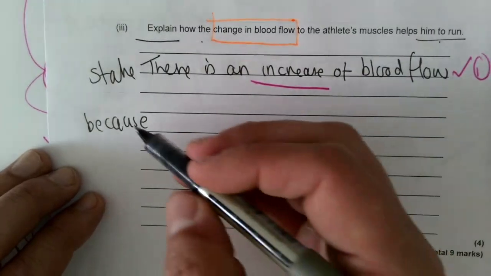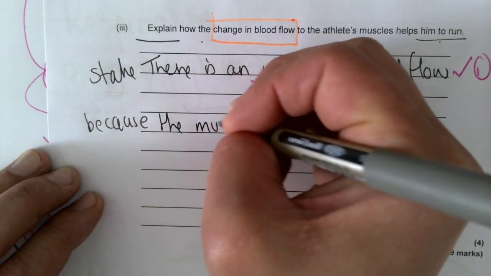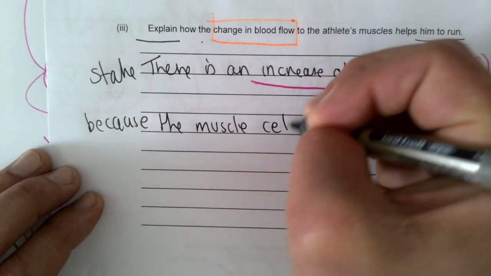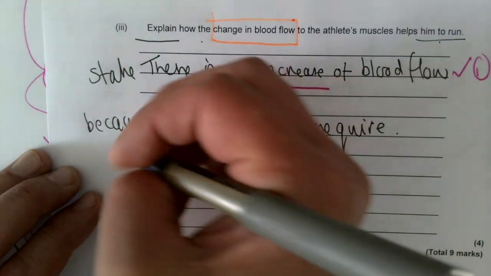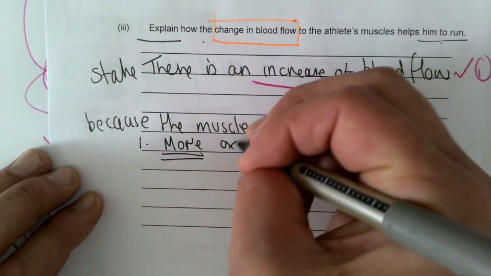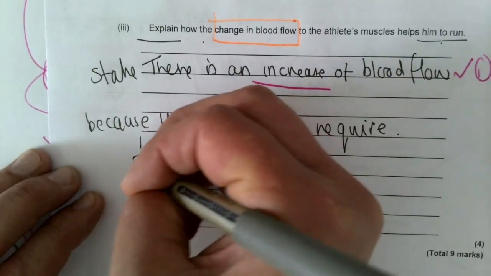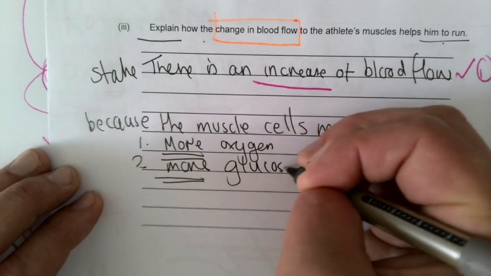Now, why? Because the muscle cells require, now this is the key. Number one, more oxygen. 2, more glucose.